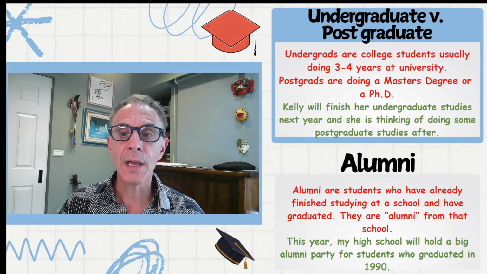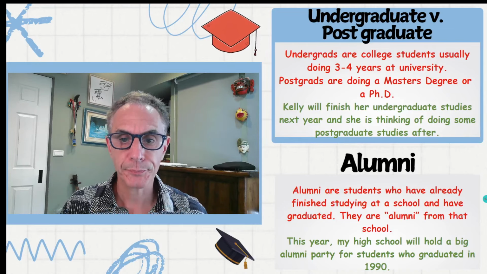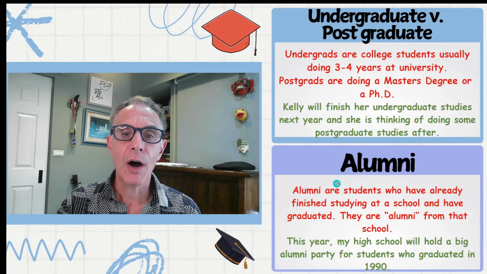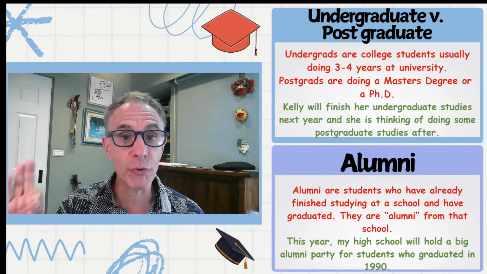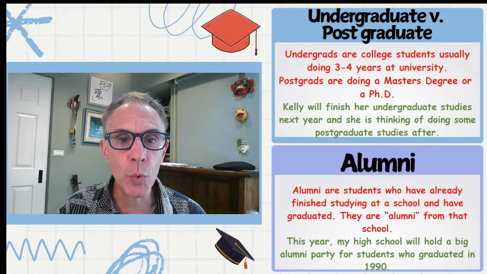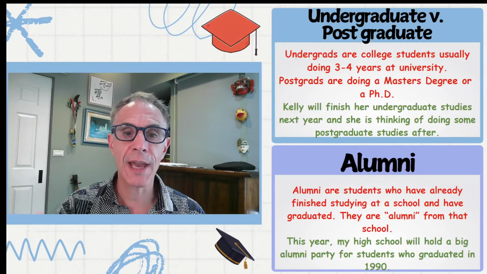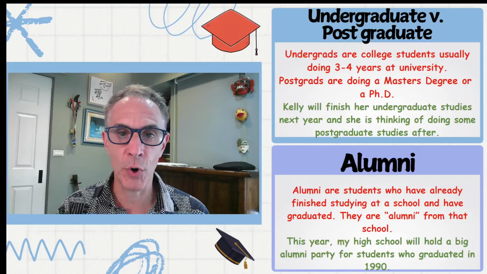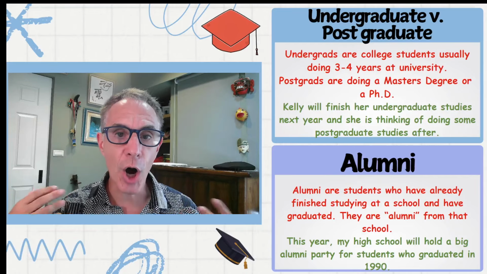Now, the next one is alumni. Okay, now alumni are students who have graduated from a school and they become the school's alumni. So they have graduated and finished the program. So let's say Harvard.